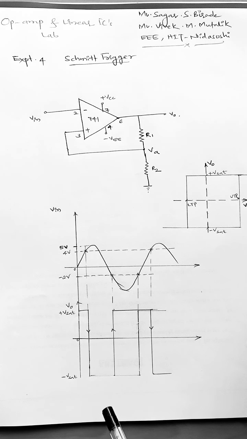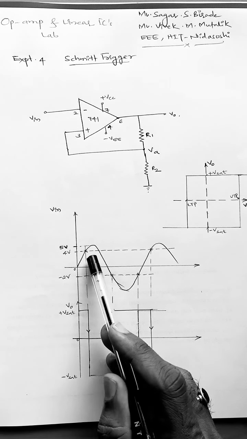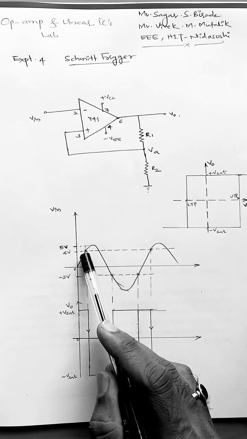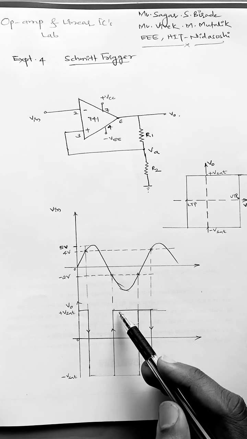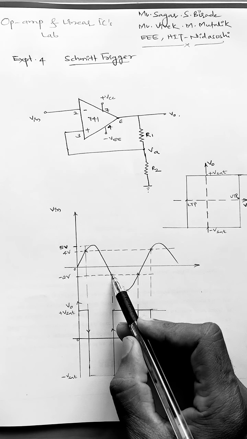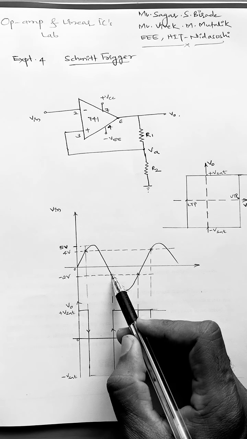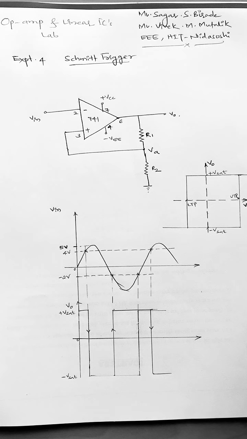The voltage at which the output changes from plus V saturation to minus V saturation, that is at this point, we call it UTP, upper threshold point. Similarly, the input voltage at which the output shifts from minus V saturation to plus V saturation, that is this point, we call LTP, lower threshold point.